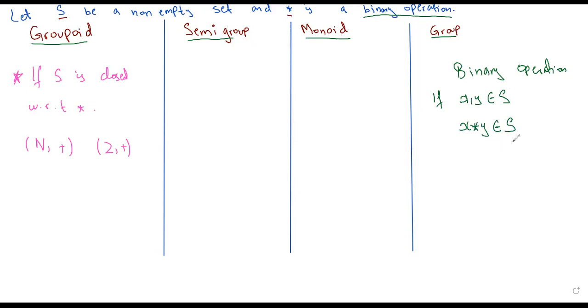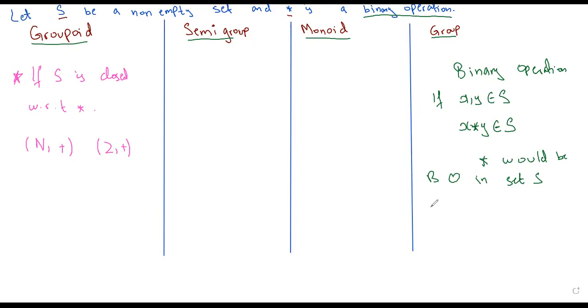This is what I told you. If this holds, then this direct would be a binary operation in set S. We did two examples. जिसमें से एक में static was a binary operation, and then the example in which we had 1, 2, 3 static was not the binary operation. Is it okay now?